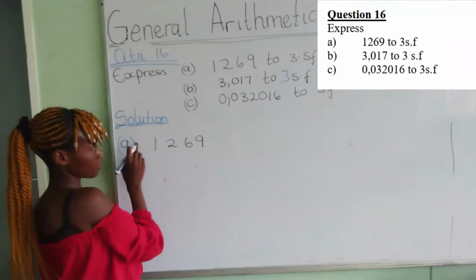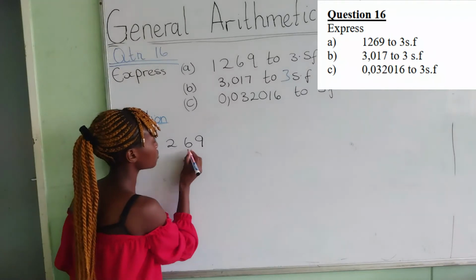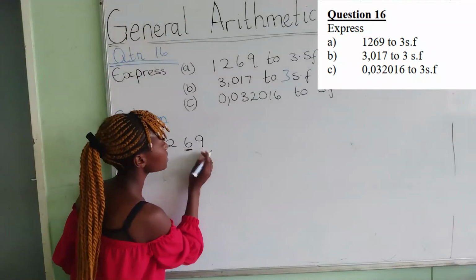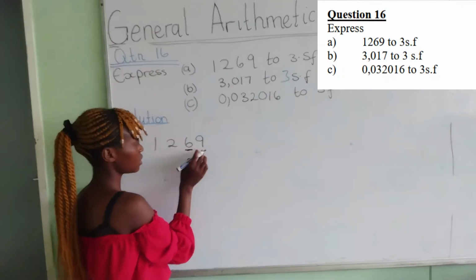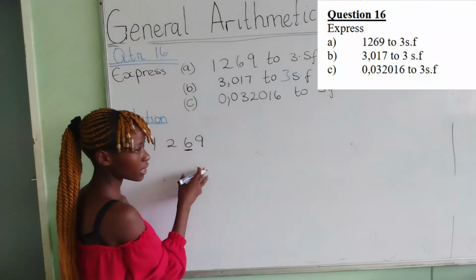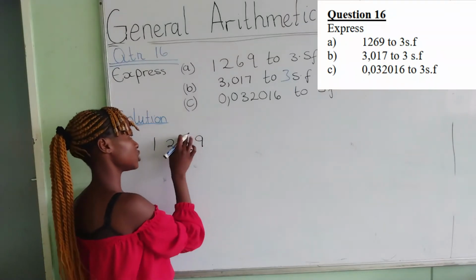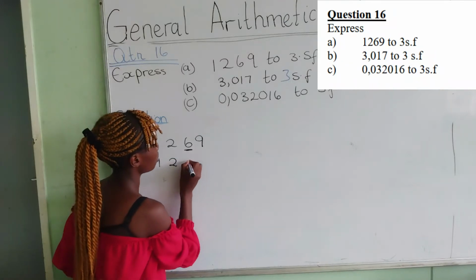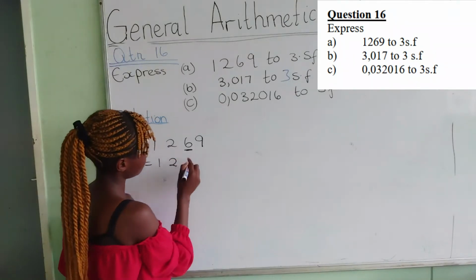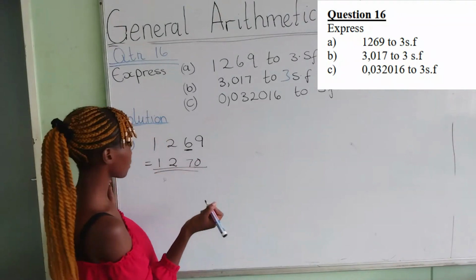We are going to read from our left hand, so you can say 1, 2, 3. And since the number that follows is above 5, this 6 changes to 7. So 1.27.